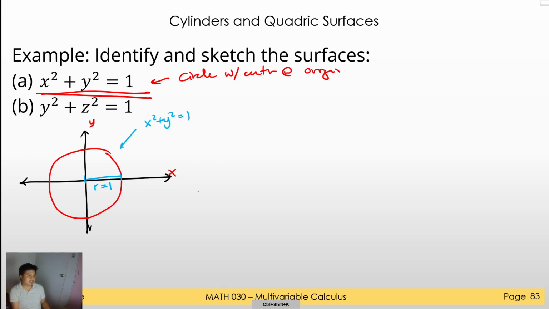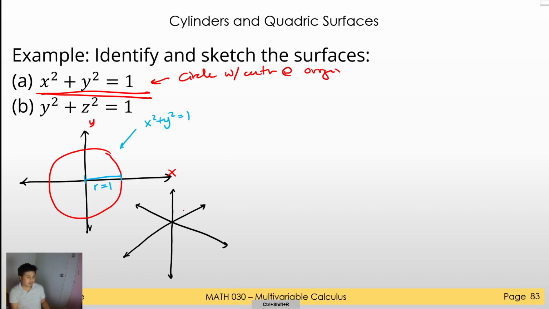If we do this again in three-dimensional space, we have the x-axis, the y-axis, and the z-axis. The trace here is this circle, which is what we call its cross section. If we do not have a z in our equation, then z's domain is any real number.